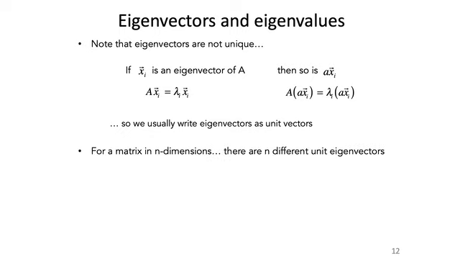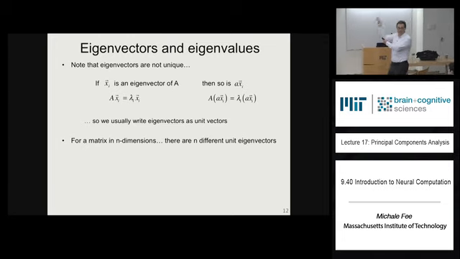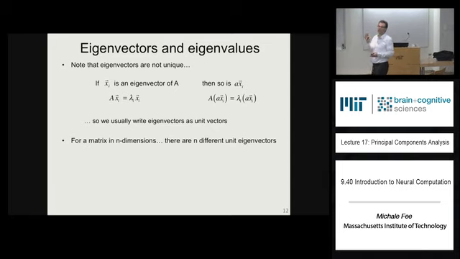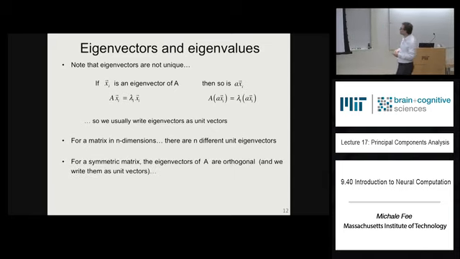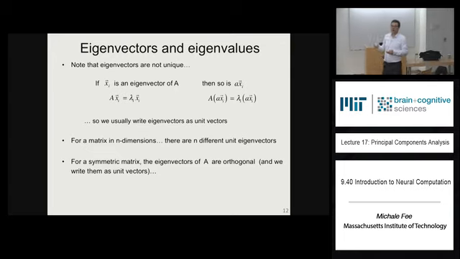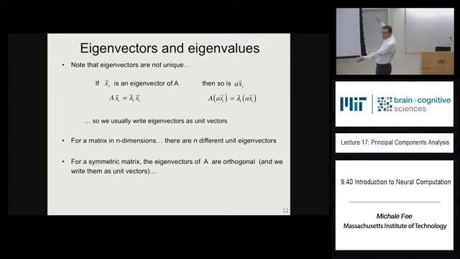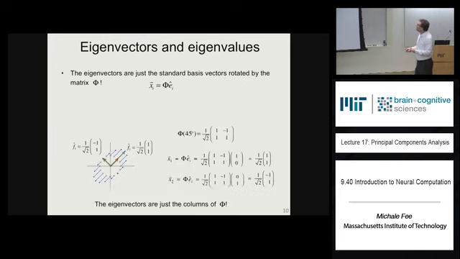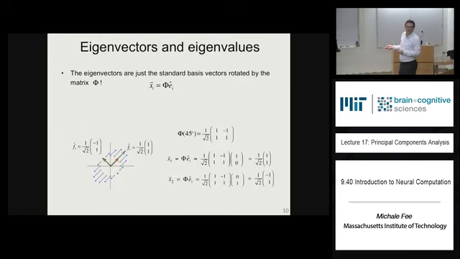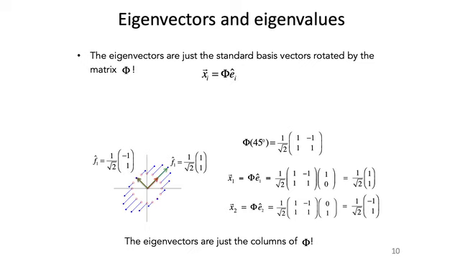For matrices of n dimensions, there are typically n different unit eigenvectors, n vectors in different directions that have the special property that they're just stretched and not rotated. So here's a two-dimensional, 2 by 2 matrix that produces a stretch in this direction.